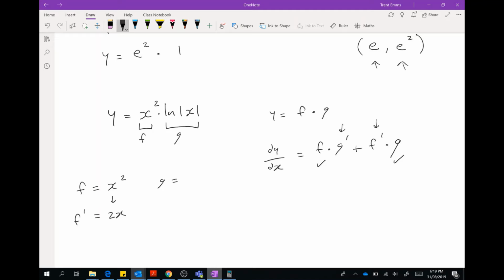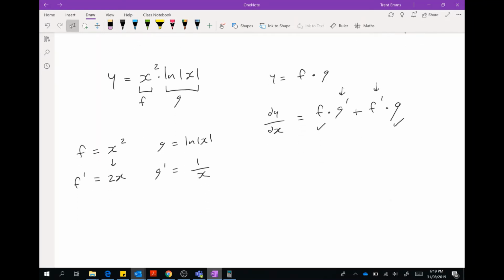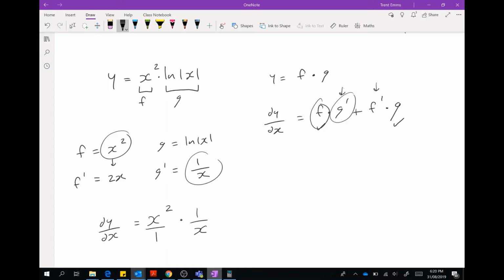G is natural log of x, so g dash will be, and ln of x goes to 1 over x when differentiated, giving us dy by dx equals, and just following the formula, f is x squared, g dash is 1 over x, so multiplied by 1 over x, and remember we can write x squared as x squared over 1, that'll help us times them together soon.